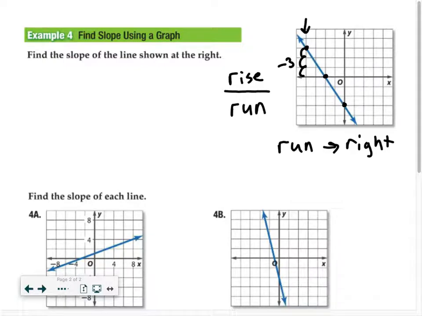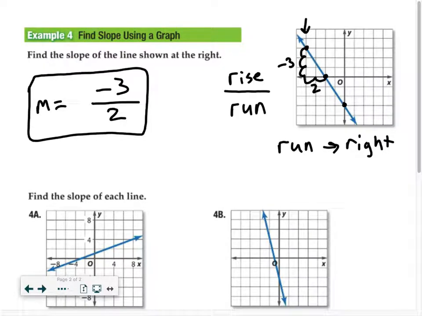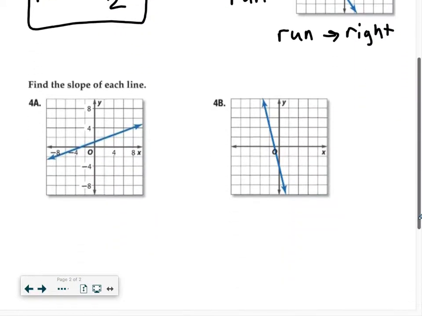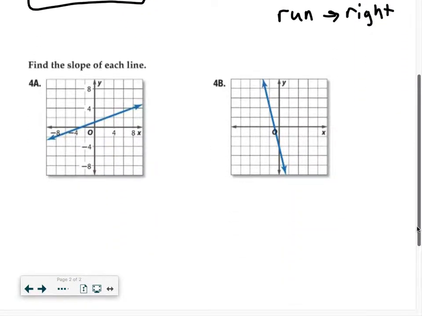And I'm always going in the positive x direction, so I go 1, 2 to the right. So my rise, I didn't actually rise, I went down 3, so negative 3, over run, I always go to the right 2. So my slope here is negative 3 over 2. I always start at the point furthest left and go to the next point that I see, and I'd encourage you to do that as well.